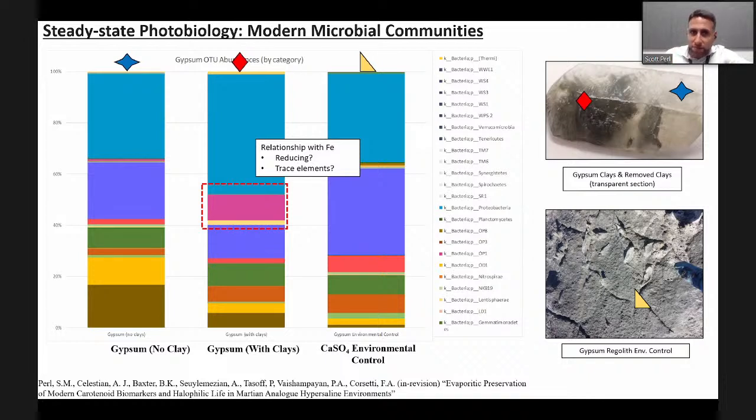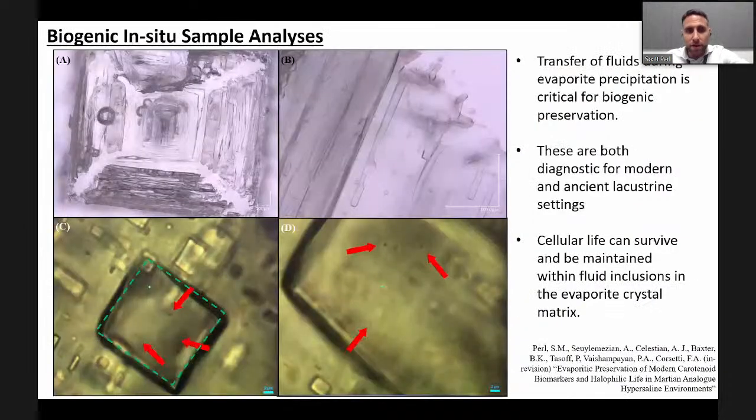So we can make the assumption, using Raman and the actual 16S sequencing here, that there is a relationship between the clay beds that have iron and the microbial communities that are only found inside parts of the mineral that do contain iron. It's a good one-to-one ratio to understand what it looks like spatially with Raman and what it looks like in terms of the microbial communities that are there.